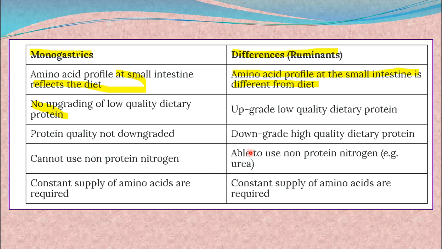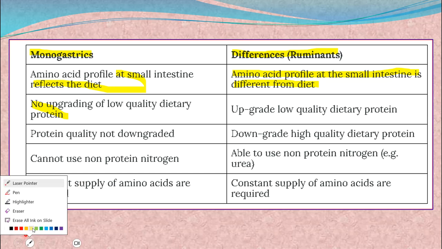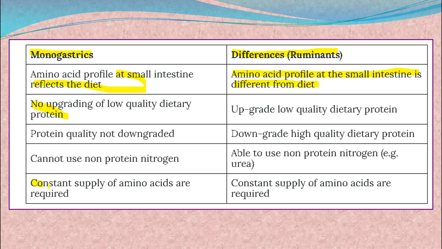Whereas ruminants are able to use NPN, especially urea, for the production of ammonia and subsequently amino acids. A constant supply of amino acids is always required, especially in monogastric animals, for the supplementation of proteins.